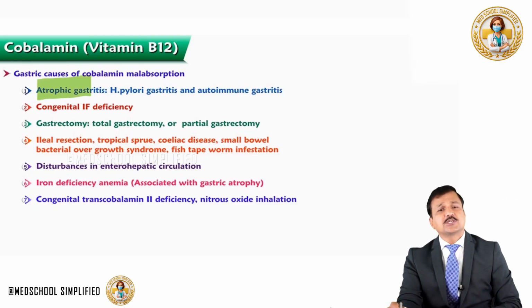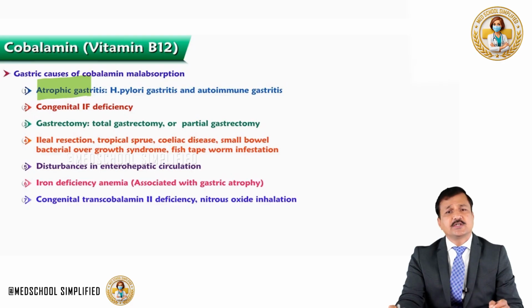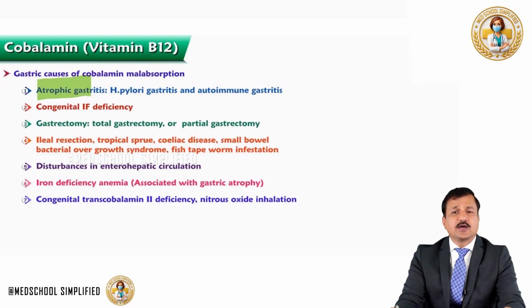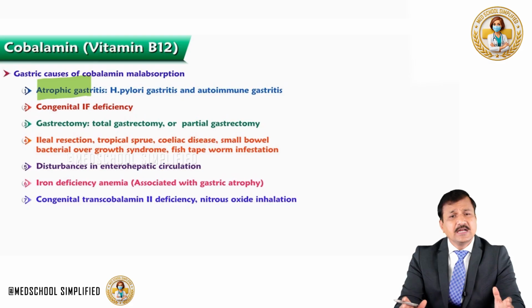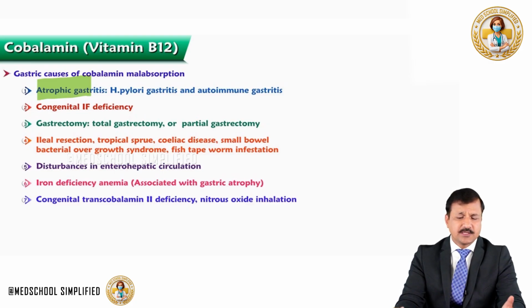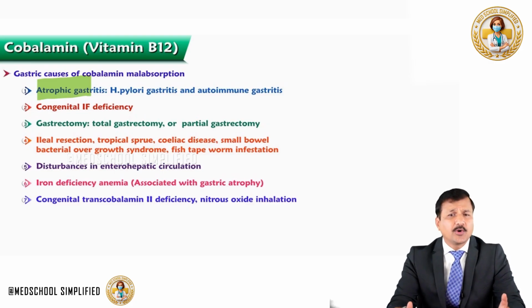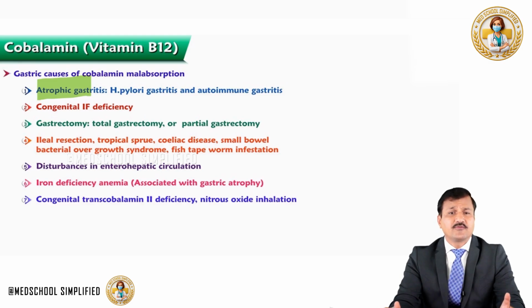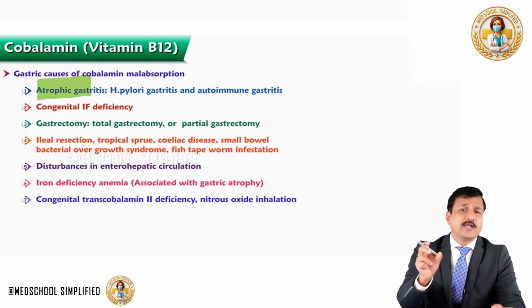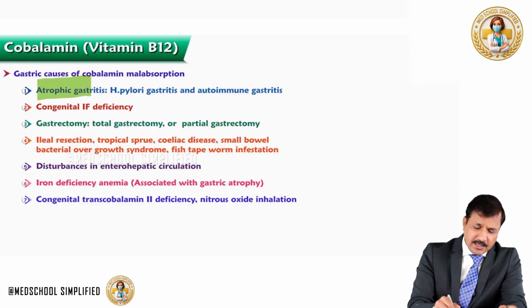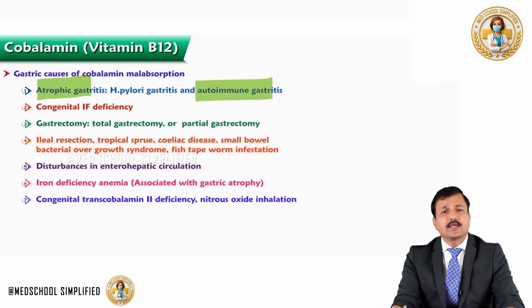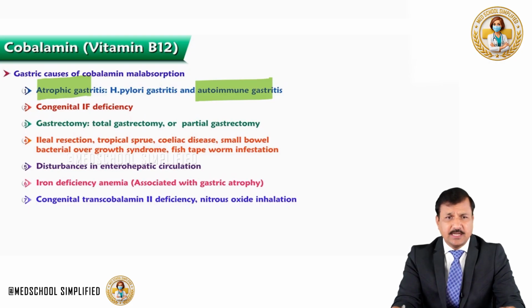Here, H. pylori infection leads to atrophy of the parietal cells and chief cells, where there is a decrease in acidity in the stomach and decrease in the synthesis of intrinsic factor, which will lead to decrease in cobalamin absorption, because intrinsic factor is important in the absorption of cobalamin from the terminal ileum by binding to the cubilin receptor. Or it can be autoimmune gastritis, like what is seen in pernicious anemia.